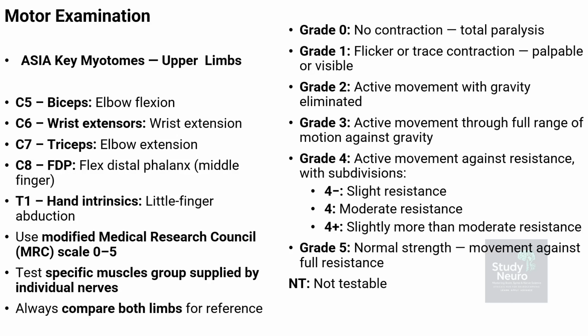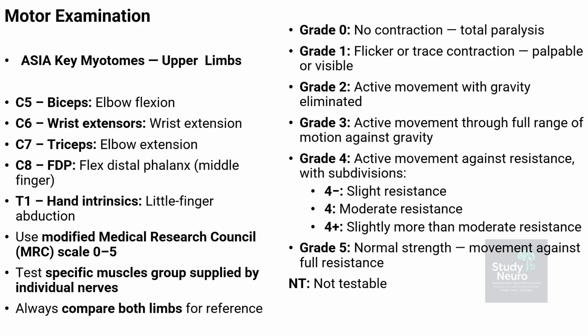Start by comparing the affected limb with the opposite side for reference. Grade 0 indicates no contraction, while Grade 1 shows only a flicker or trace contraction that can be seen or felt. Grade 2 reflects active movement with gravity eliminated, and Grade 3 is active movement through full range of motion against gravity.